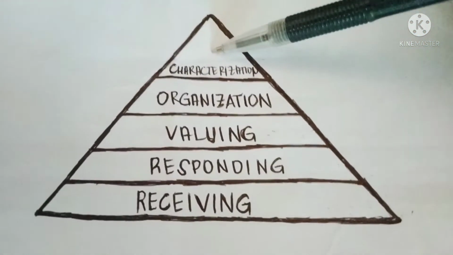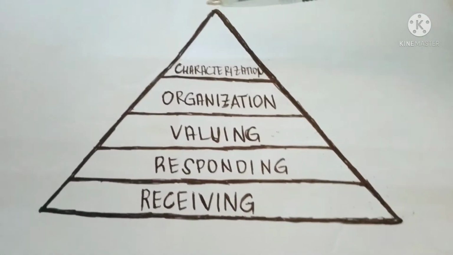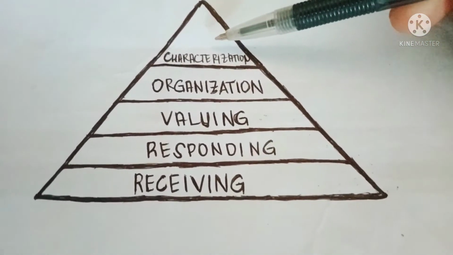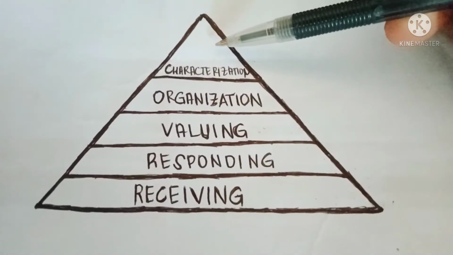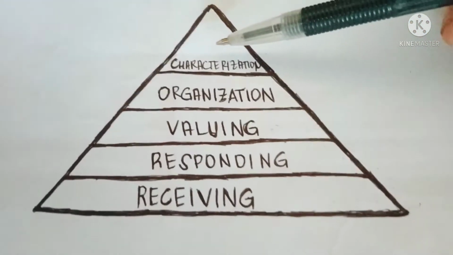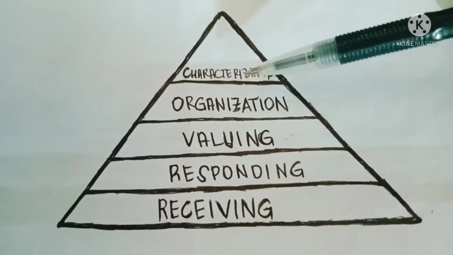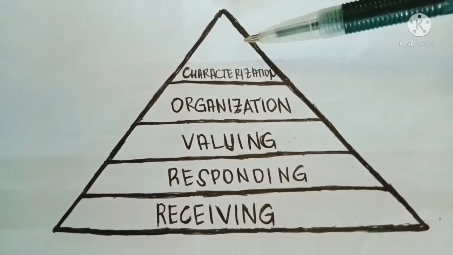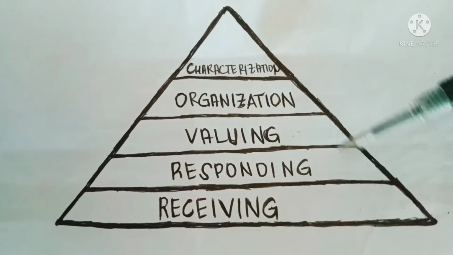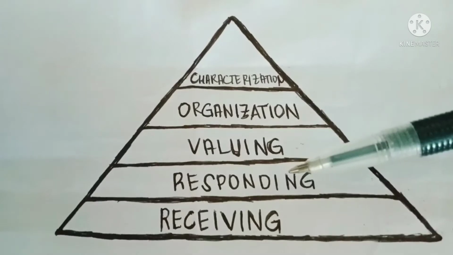It is about internalizing value. Let them control or guide your behavior. For example, you spend time for your family and you make friends based on personality and not looks. That is why receiving to characterization is very important in the affective domain. It is one of the biggest things to construct the affective domain.